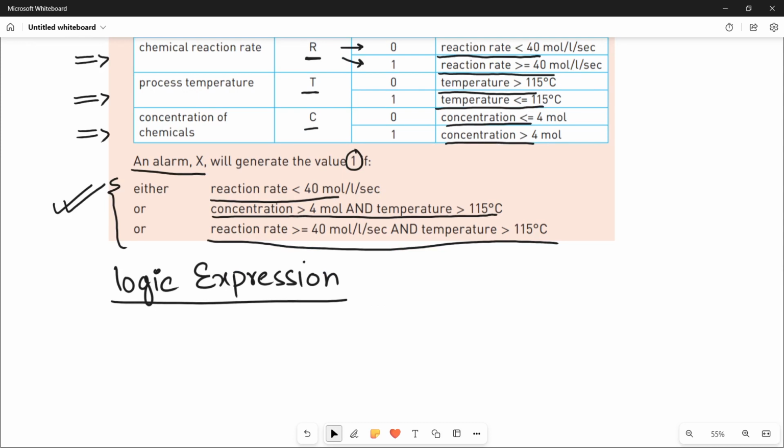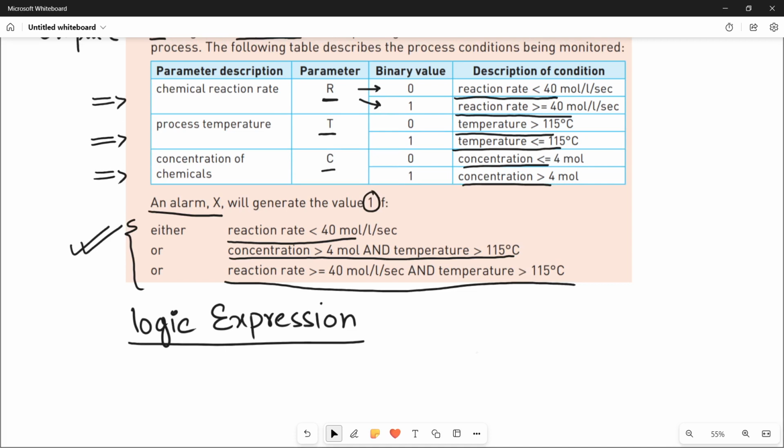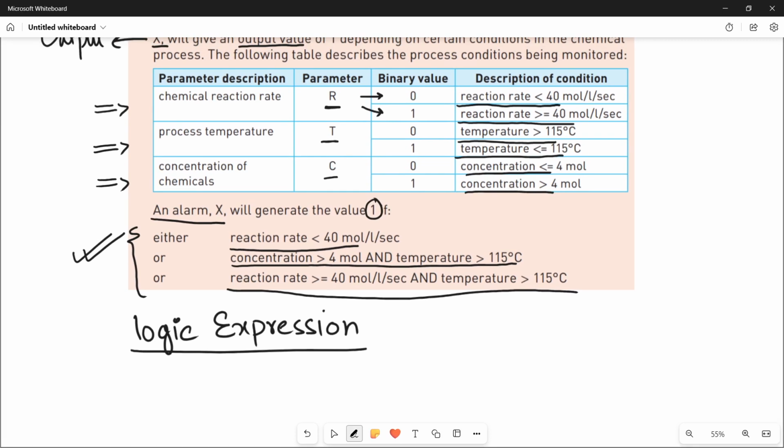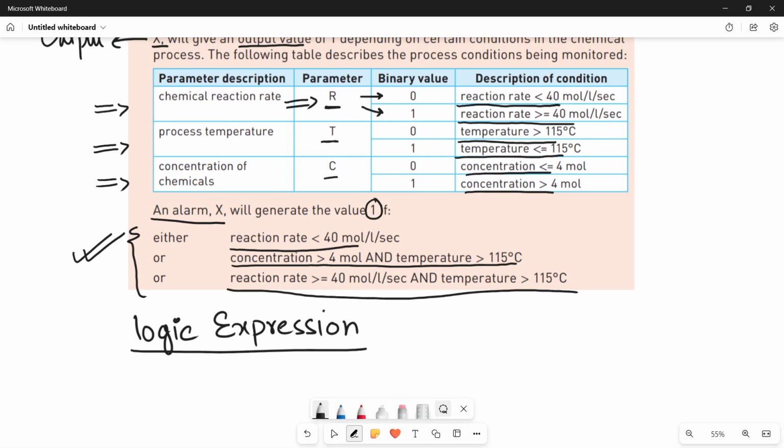So the first condition is either reaction rate is less than 40. Reaction rate is referring to the first parameter, that is R, and it says that reaction rate is less than 40. When you see your table, let me just erase all of this.